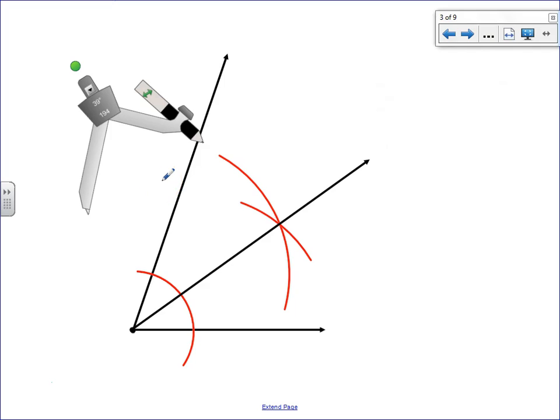Really what we're doing is creating congruent triangles. So we made our arc out to this line and made an arc that way. That's the same arc. Then we made another arc. It's the same distance. So we have a side, another side. Here's another side that's the same length because we arced it the same.